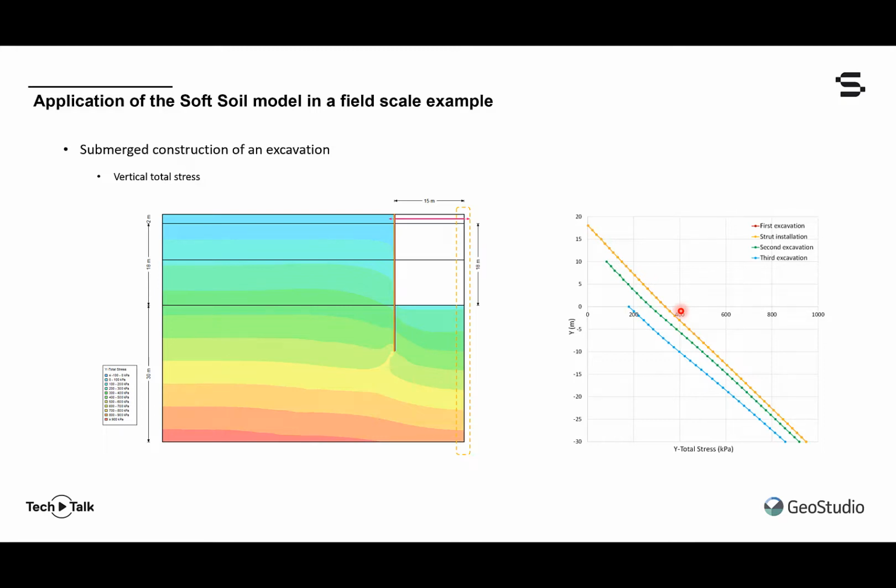And so we can see here that at the final level of the excavation, the third excavation, the Y total stress at the base of the excavation, right where my laser pointer is, is around 180 kilopascals, which would be equal to the hydrostatic pressure calculated by taking the 18 meters of water that remains and multiplying by about 10 kPa per meter.